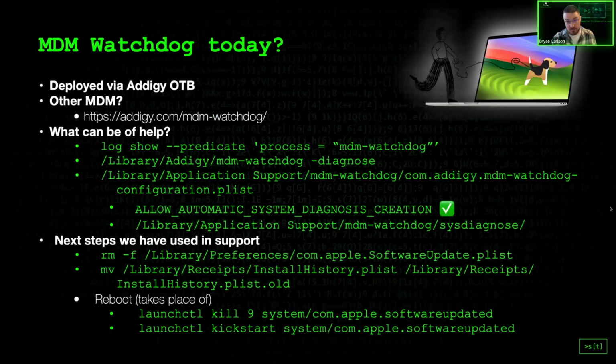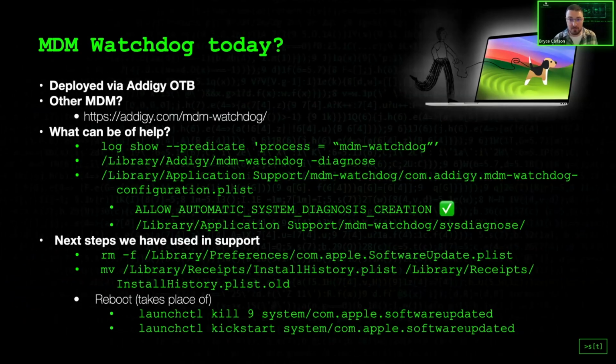So if you have Watchdog deployed today, if you're using not Addigy, or if you're using Addigy, it's deployed out of the box, you can still use Watchdog to help move the ball forward on this. Watchdog now, instead of being able to do that kickstart, whenever it sees it's stuck, is going to generate a log file. You can configure it to do this.